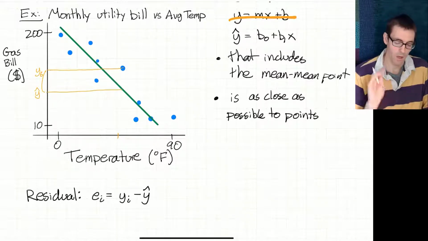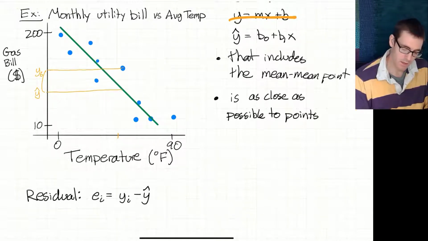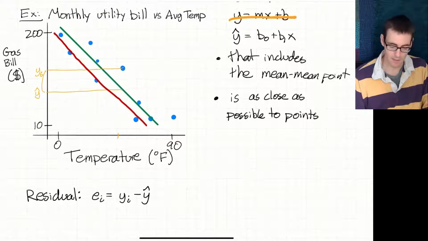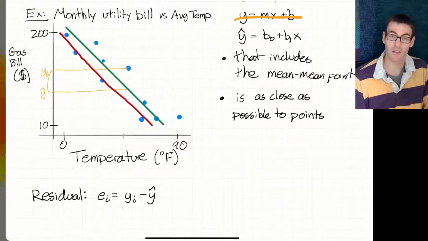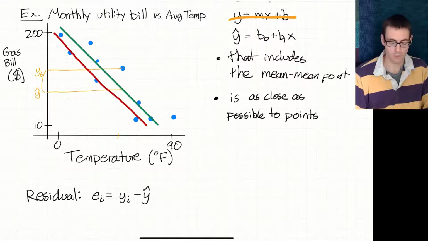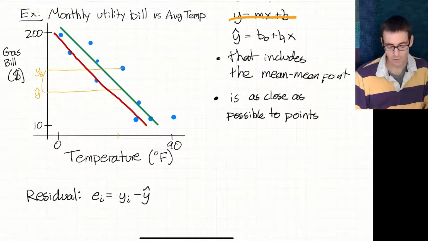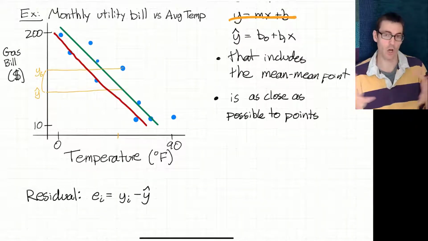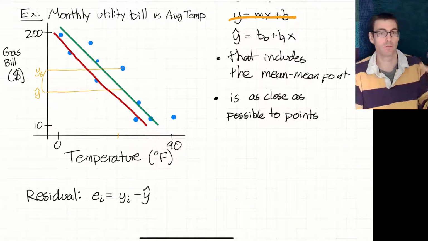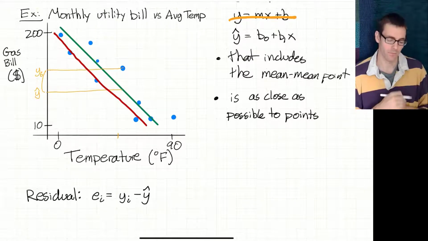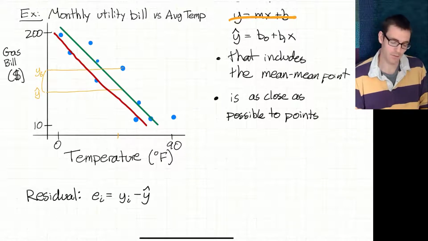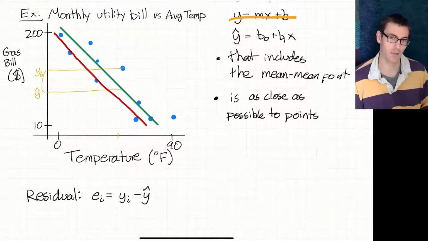Sounds reasonable. One problem with that is, okay, we have our green line here. If we have a parallel line that is relatively close to it, this is actually going to do exactly as well at minimizing the total residual, or the absolute values of the residuals. And clearly the green line, this first line, does better than this new line.